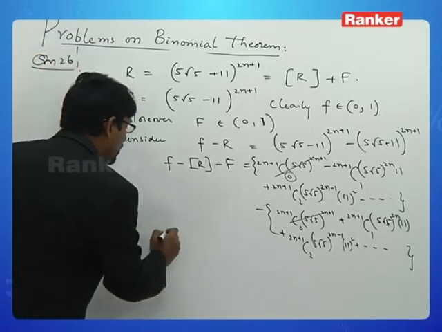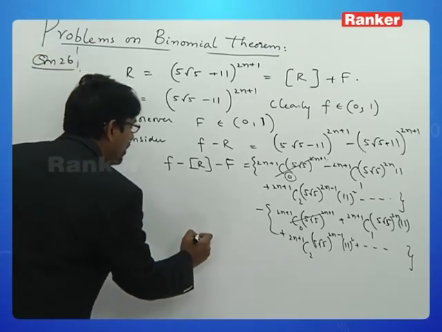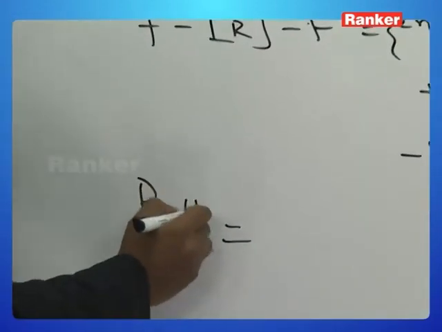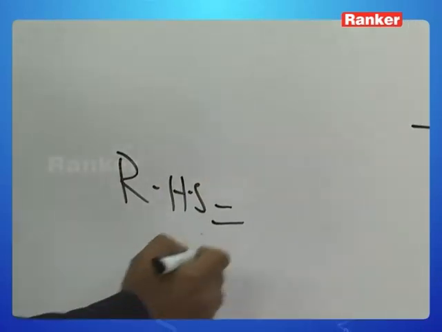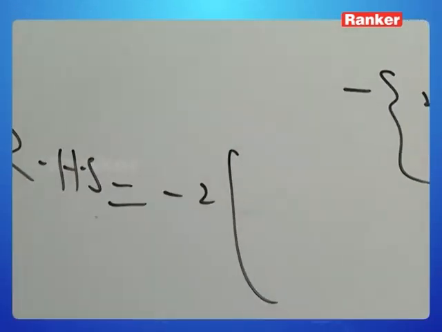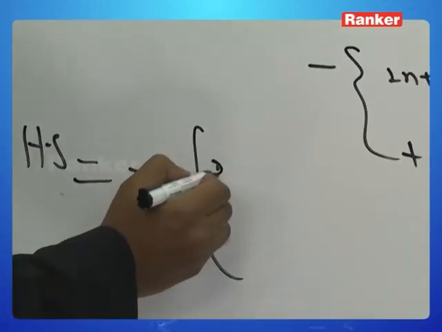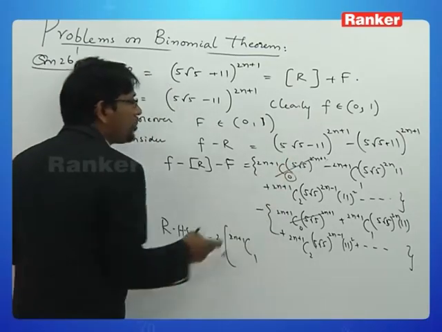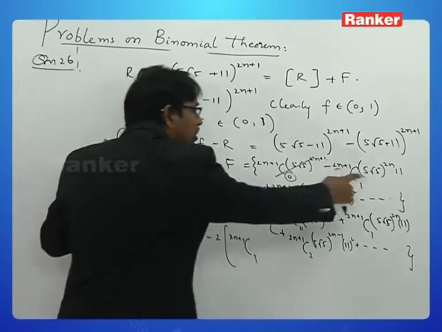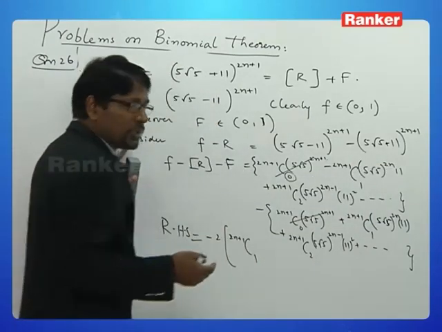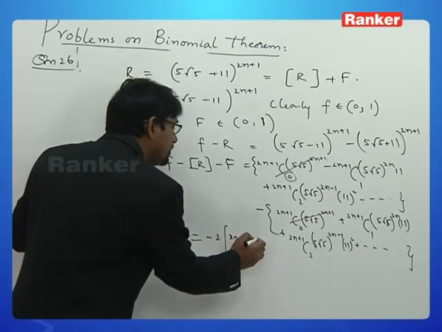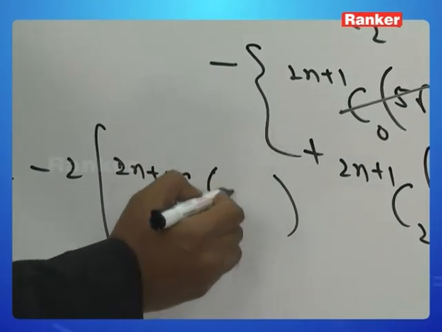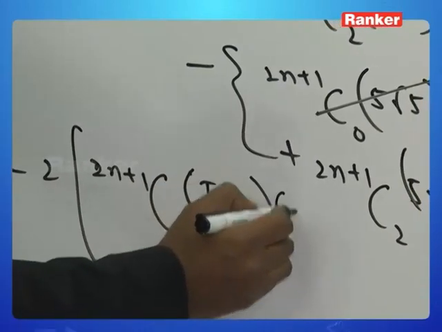So let's only write the right hand side here. RHS comes out to be minus 2 times the odd suffixed terms, 2n plus 1 c1 into (5 root 5) raised to the power 2n. What is that? A root raised to an even power, so that is going to be an integer. Integer into 11 is again an integer.